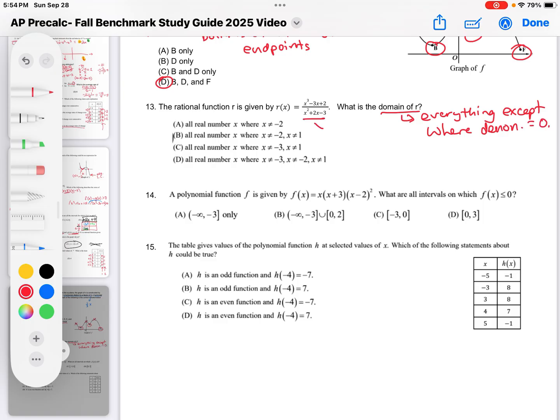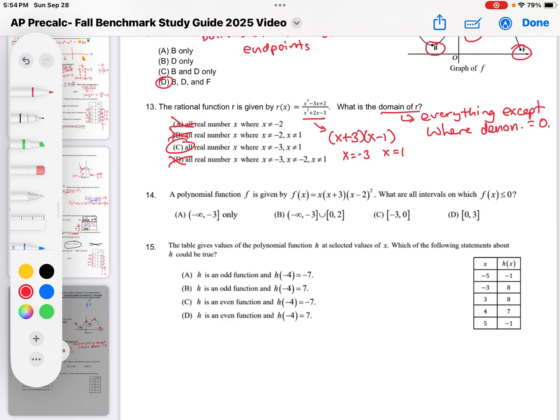So all I have to do is just factor this x squared plus 2x minus 3. That'll be x plus 3, x minus 1. So we get -3 and 1. So I know it's not A. I know it's not B. It has to be C. It can't be D because I don't have any x minus 2 or x plus 2's in the bottom.